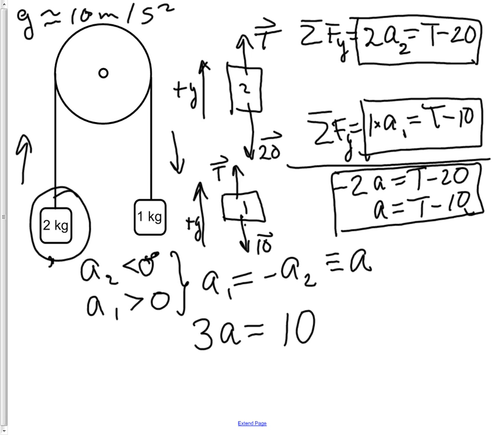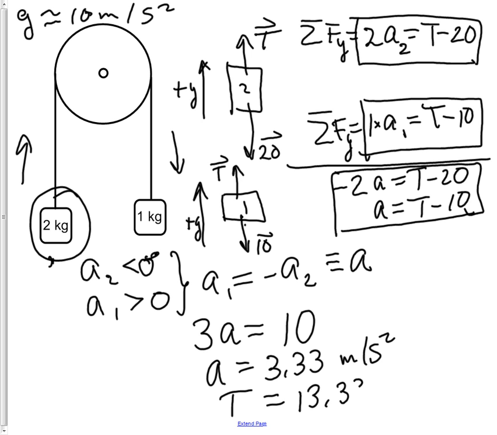Okay, so 3A is equal to 10, so A is equal to 3.33 meters per second squared. And then that tells me that T, from either of those two equations, so the tension will be 13.33 newtons. Is that right? Okay.